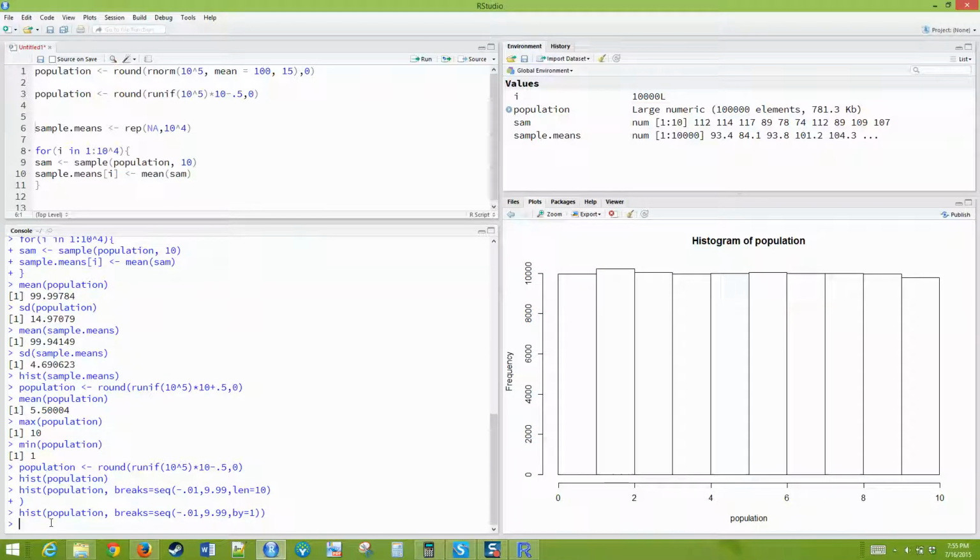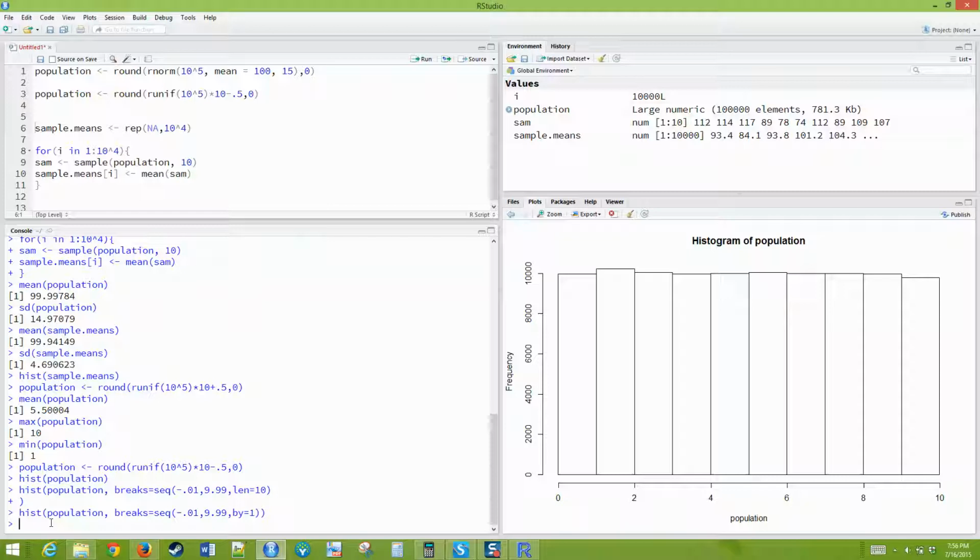Okay, so here I have a uniform distribution, okay? And basically I'm doing the digits 0 through 9, okay? So digit 0 appears just about as often as digit 1, about as often as digit 8, digit 9, and so on and so forth, okay?